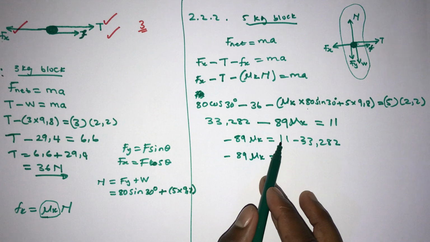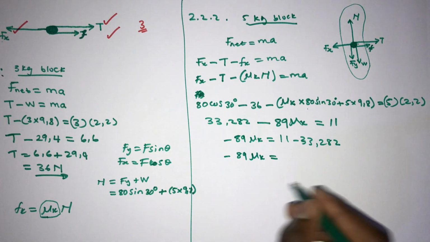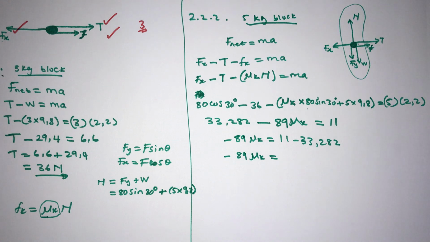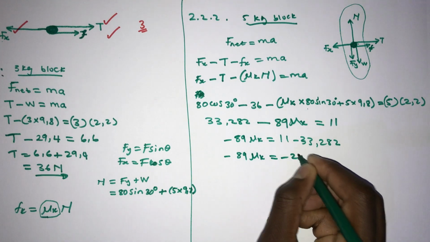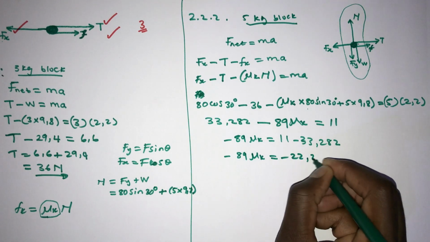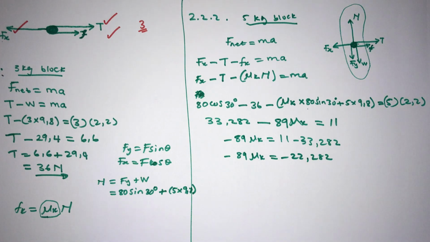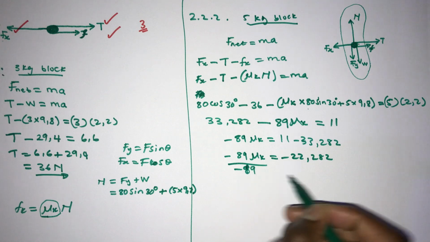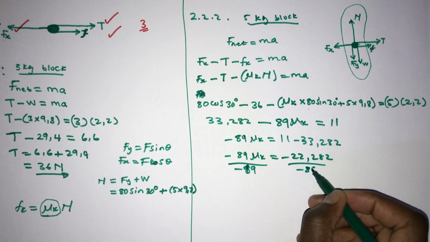So 11 minus 33, that one is going to be negative 22.282. So now we just divide by negative 89 both sides.